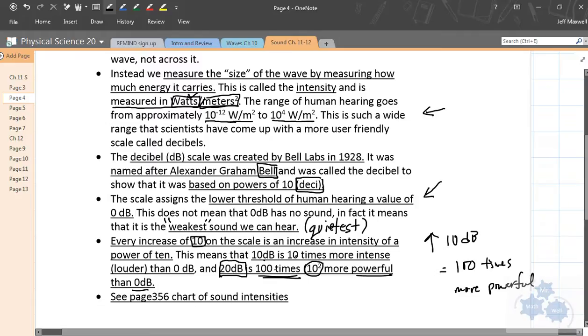Okay, makes sense? Nope, it doesn't make sense. Sorry, I got to change that to 10 here. So up 10 dB is 10 times more powerful. So 10 to 20, 20 to 30, and so on.